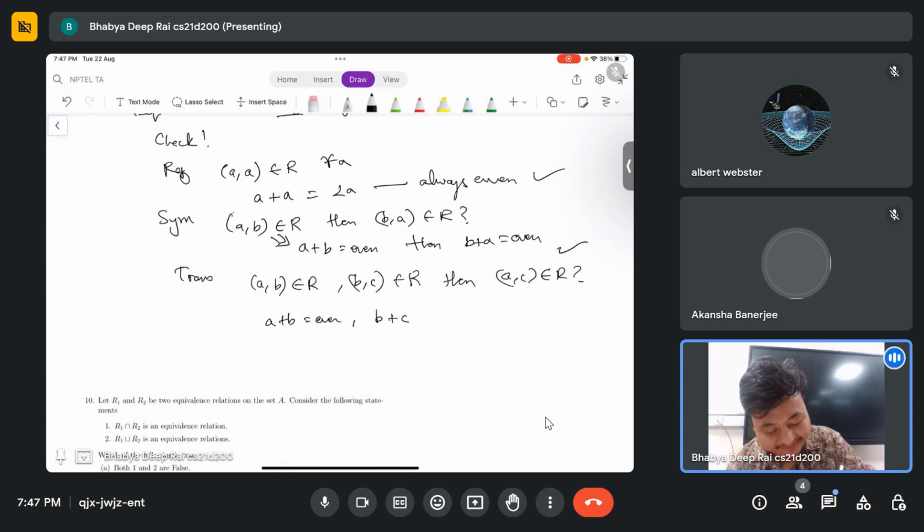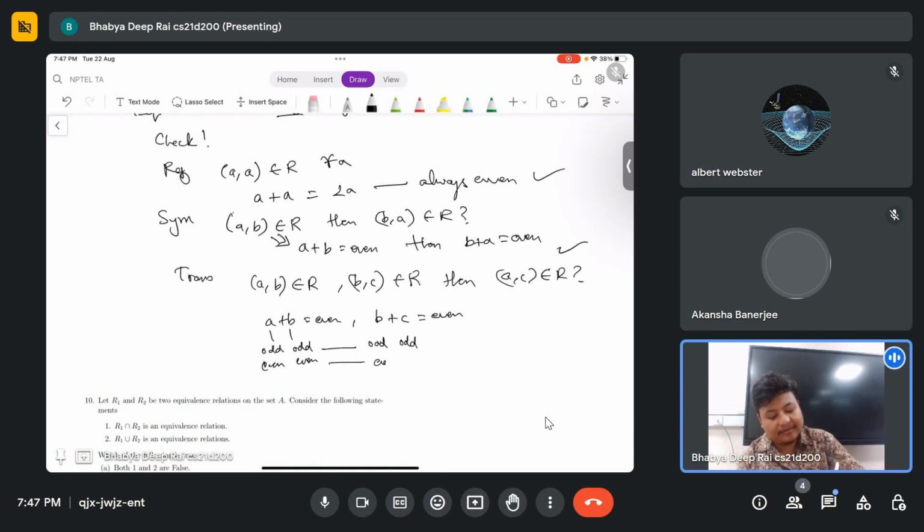A plus B is even. B plus C is even. Right. Then is A plus C also even? It should be even, because when do you get a sum to be even? Either both are odd or both are even. If B is odd, then C would also be odd to create an even.